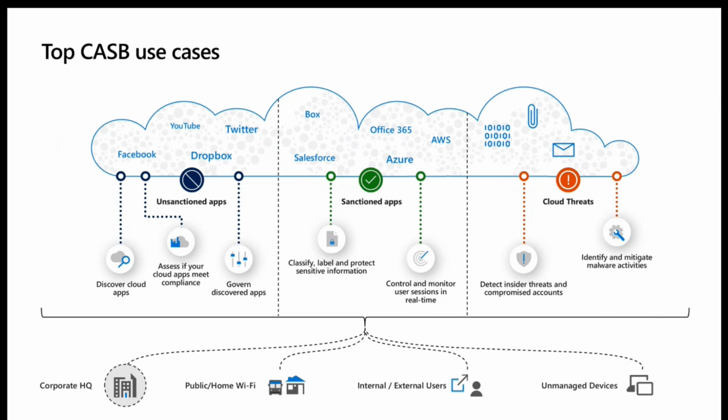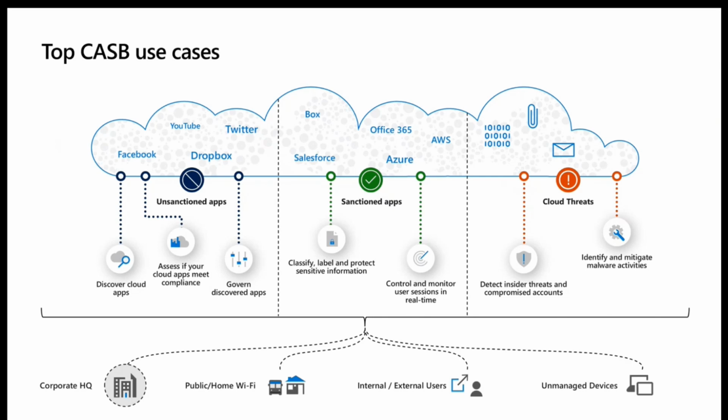There are different pillars in Defender for Cloud Apps, or in CASBs in general, that we can help you protect. Number one, identify unsanctioned apps. How many of your users are actually using their personal Dropbox or G Drive account to send corporate data? We may want to know about that. And even in apps that are completely sanctioned, like Office 365, or a corporate tenant of Google Workspace, you may want to know what your users are doing.